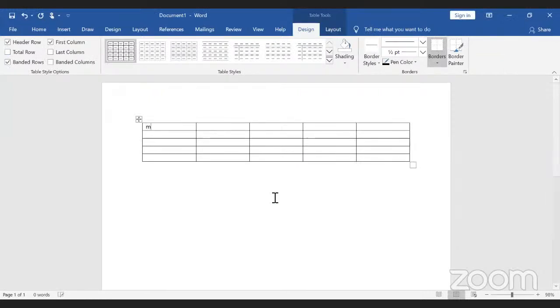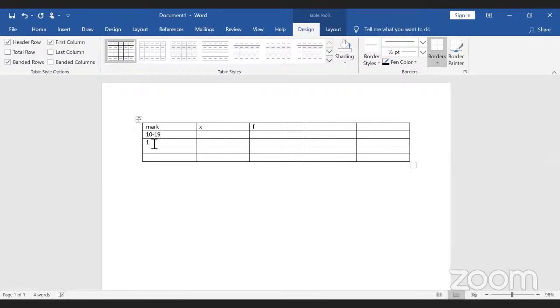So the first thing we do is put the mark. Then normally we have X. Then we'll talk about maybe F. Let's have a class running between 10 to 19.